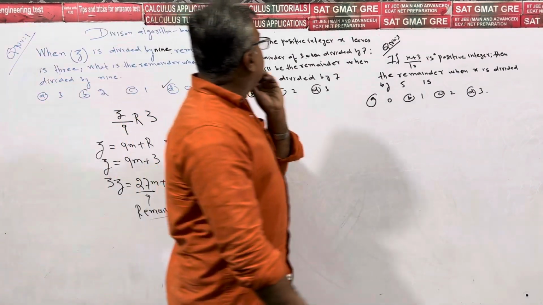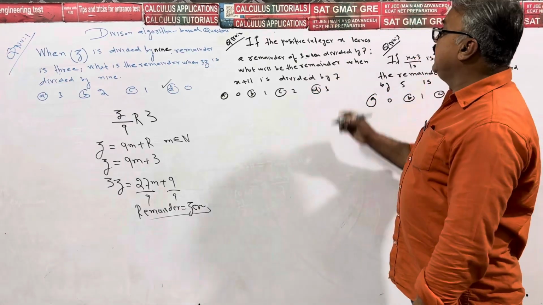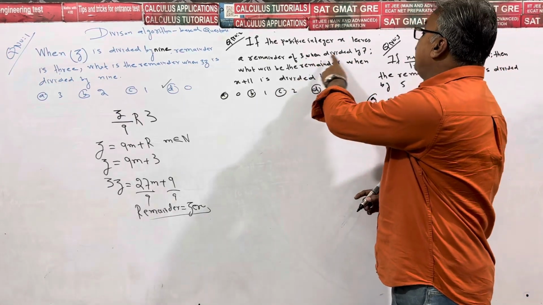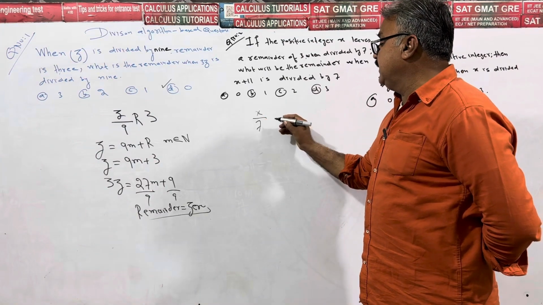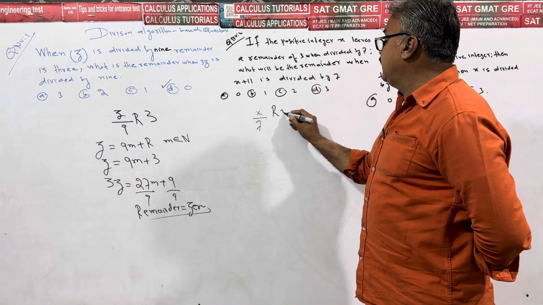Another nut to crack. If a positive integer x leaves a remainder of 3 when divided by 7, x divided by 7 leaves a remainder of 3.